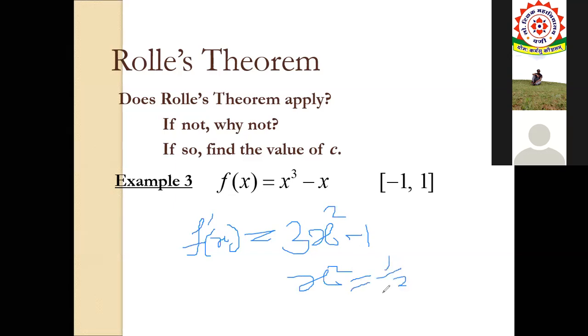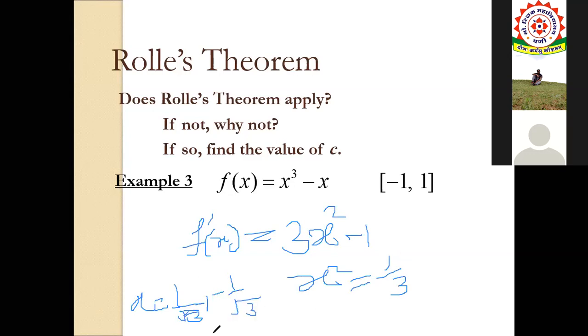So x is equal to plus or minus 1 by root 3. Okay, and obviously x has two values, that is 1 by root 3 and minus 1 by root 3.